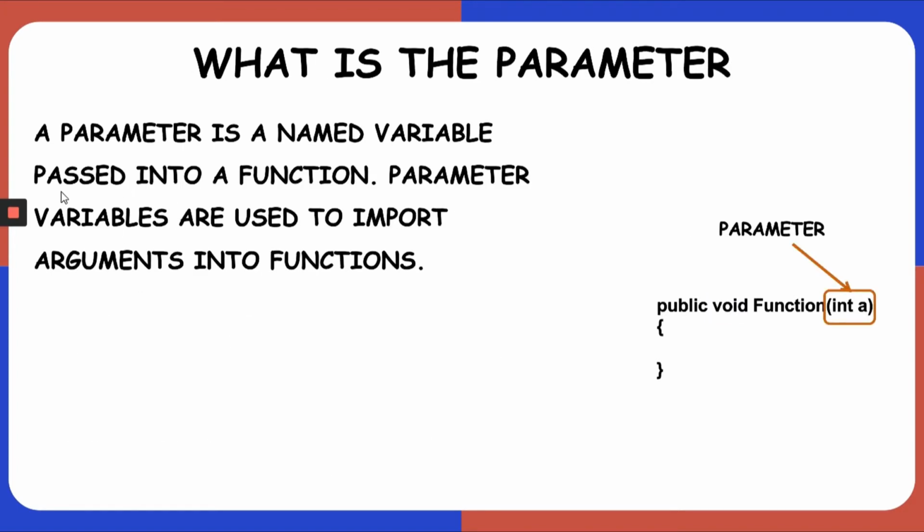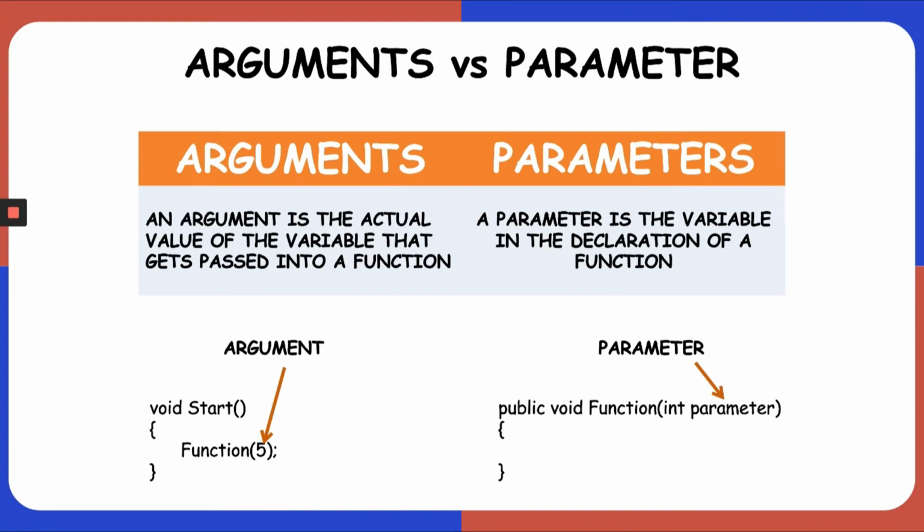Next is the parameter. A parameter is a named variable passed into a function. Parameter variables can be used to import arguments into functions. So in the previous slide, I had shown a term called argument. So now let's take a look at what the argument is.